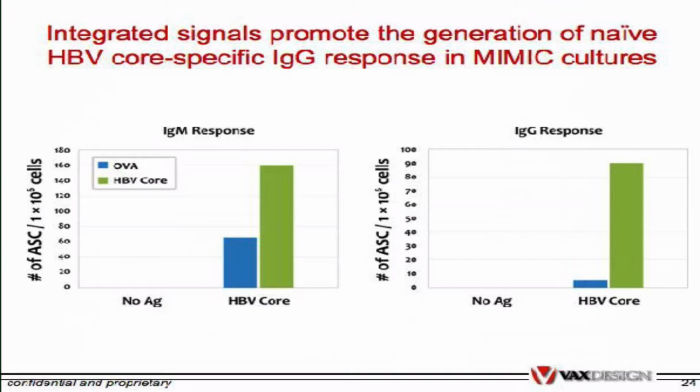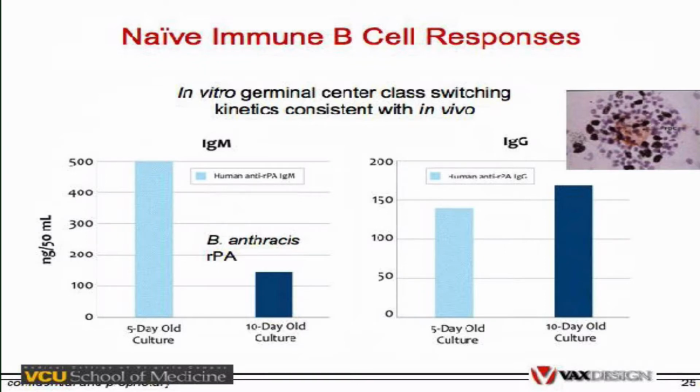So we do have the mechanisms in place to show that we're indeed having class switching. And that's exactly what this particular slide is, only it happens to be against Bacillus anthracis recombinant protective antigen that we were using as our antigen of choice.